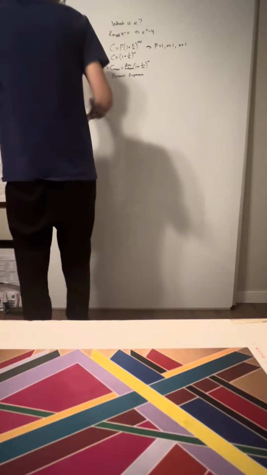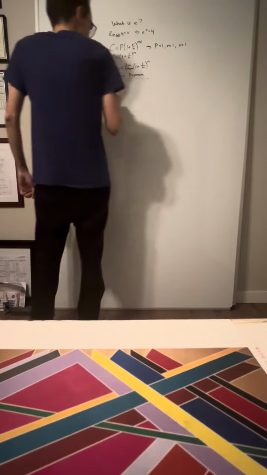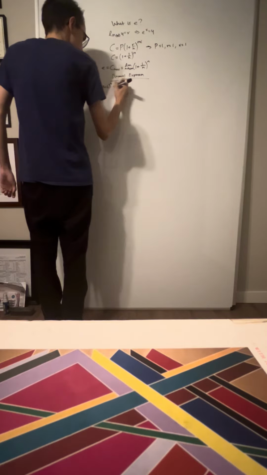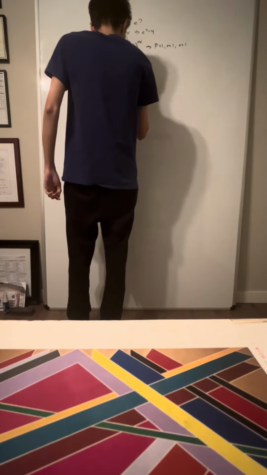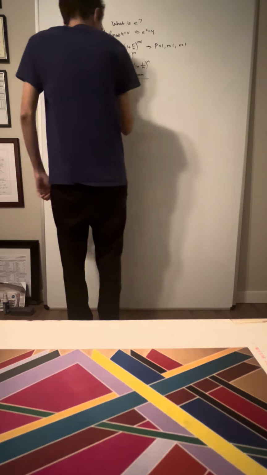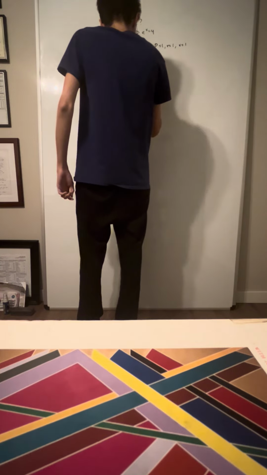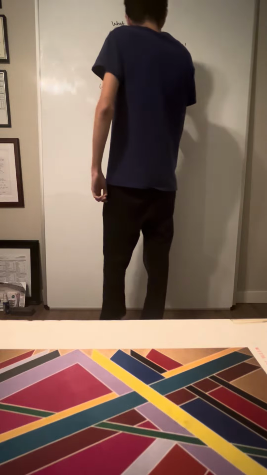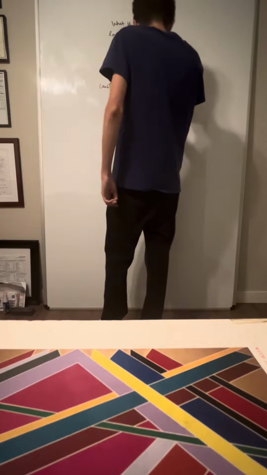So binomial expansion, if you have never seen this before, anytime you have something in the form of (a plus b) to the n, you can write that in the form of a to the n plus n times a to the n minus 1 times b to the 1.